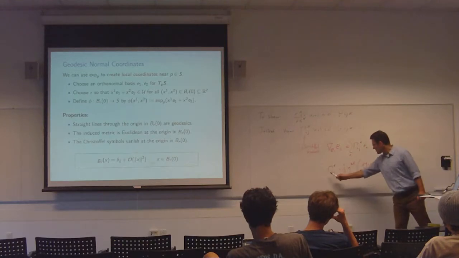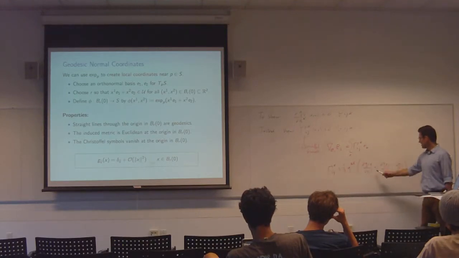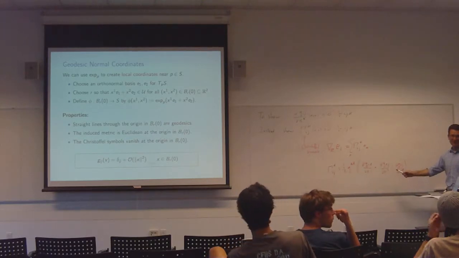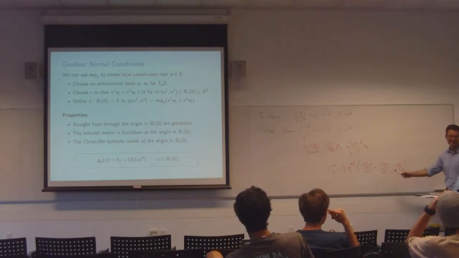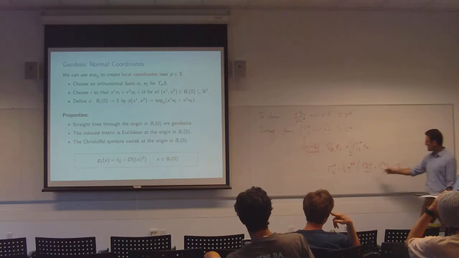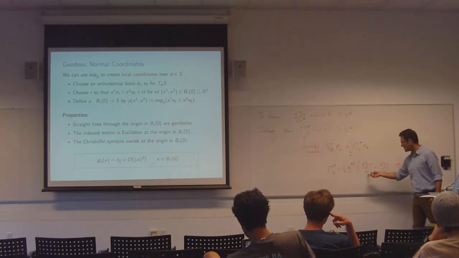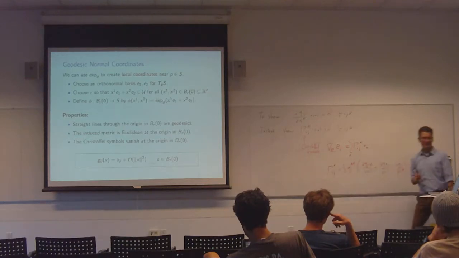So if I show that these guys are 0, then, hang on, our formula goes the wrong way around. What this formula allows me to do is that if these guys are 0, then those guys are 0. That's not quite what we wanted to show.